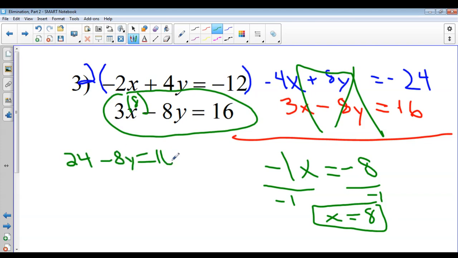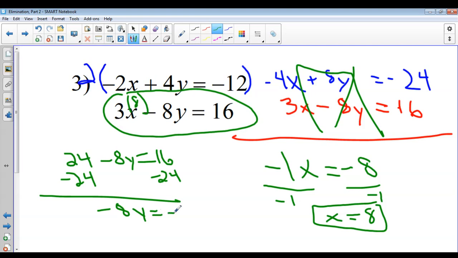Let's solve for y by subtracting 24. Right? And then I'm going to get negative 8y is negative 8. And then I'm going to divide both sides by negative 8. Right? That cancels out. And y is going to give us 1.